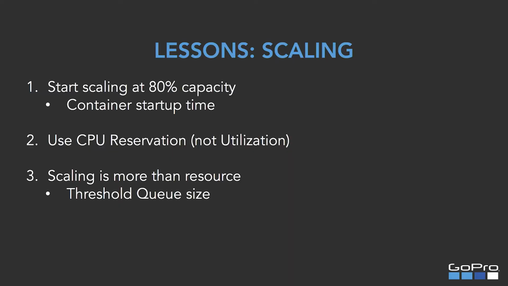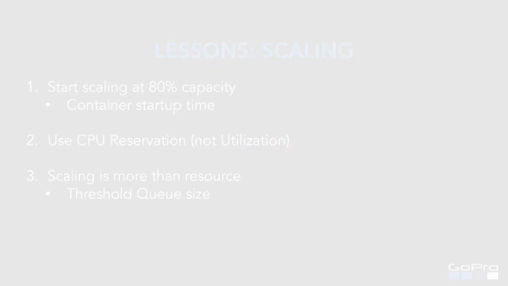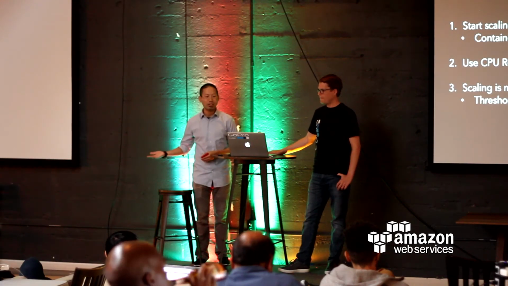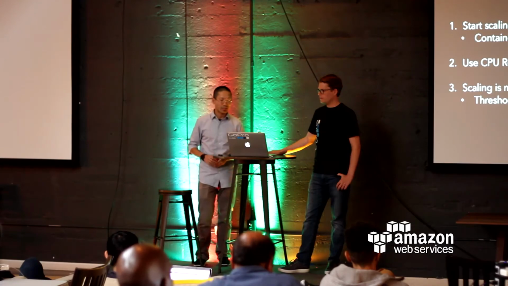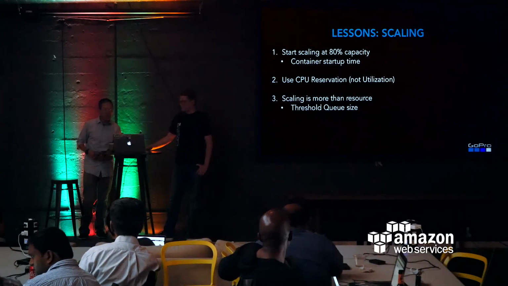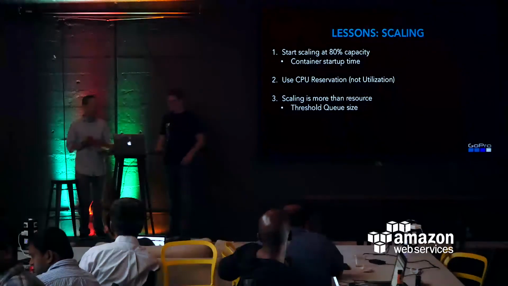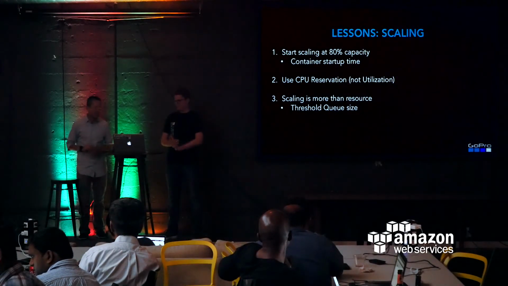We went through the whole migration process of parallel scaling. We also learned about scaling. One thing is, don't scale at 100% capacity, scale at 80% capacity, because our containers take time to launch. By the time you reach 100%, it's already too late. You're not handling the load. So 80% capacity. It's better to scale by CPU reservation, not utilization.